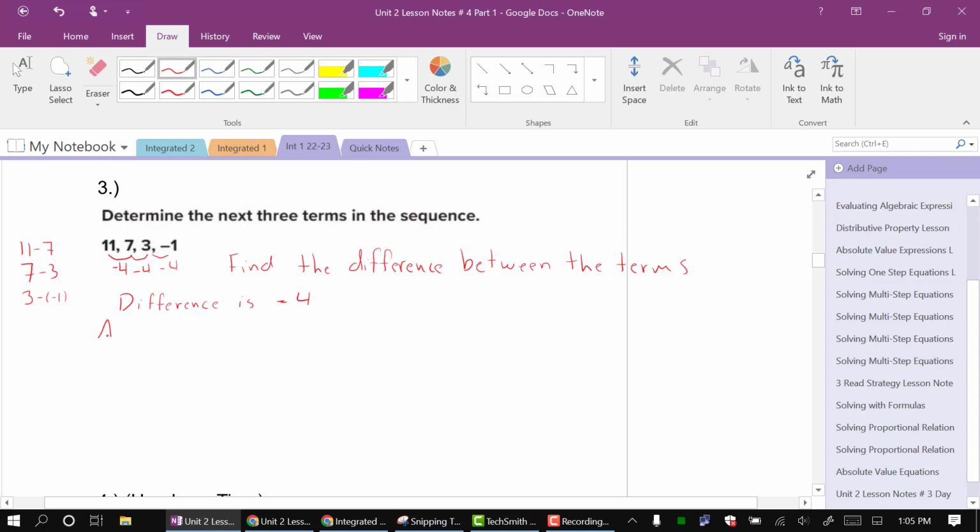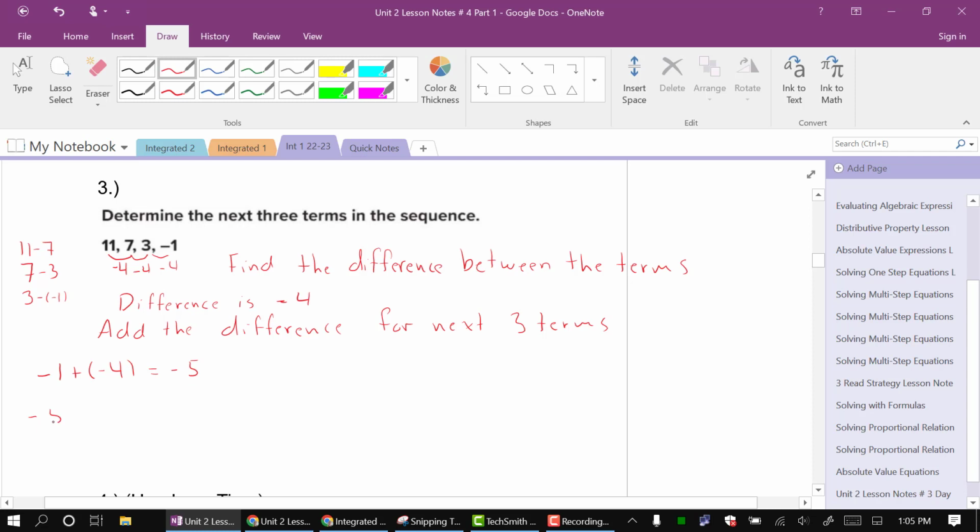Now we want to add the difference for the next 3 terms. My last term was -1, so I'm going to have -1 plus -4, and that's going to give me -5.